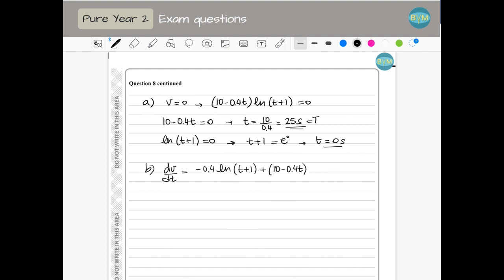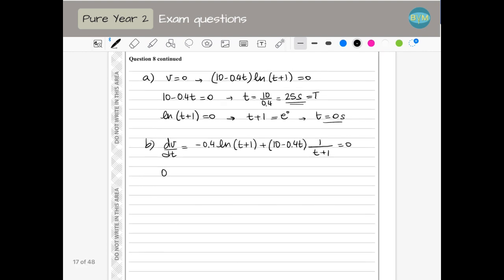The derivative of ln(t plus 1) is 1 over t plus 1. And this must be 0, which means that 0.4 ln(t plus 1) is going to be (10 minus 0.4t) divided by (t plus 1). We need to make this t the subject, but we can leave this as it is.